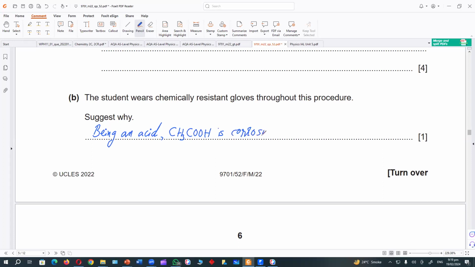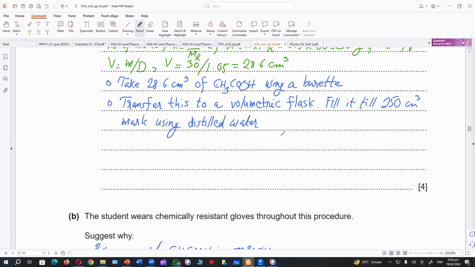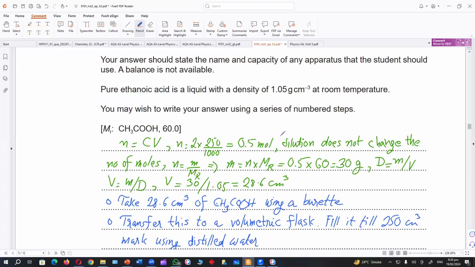Normally, acetic acid is very mild. It doesn't hurt, but it's pure. Normally, ethanoic acid is not harmful. But why do we need care here? Because we are using, look, he says pure ethanoic acid. So pure means it can be dangerous. Acids are by nature corrosive. Okay.